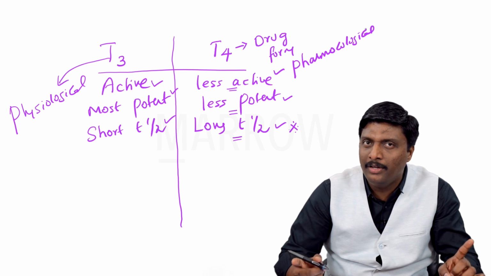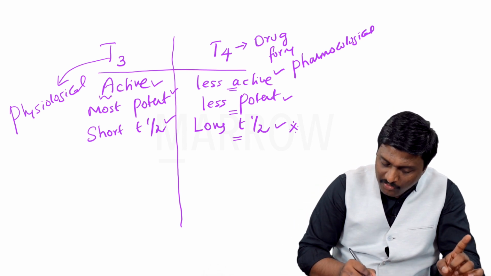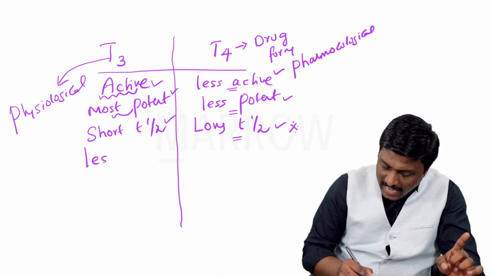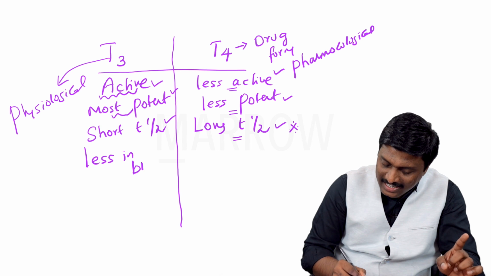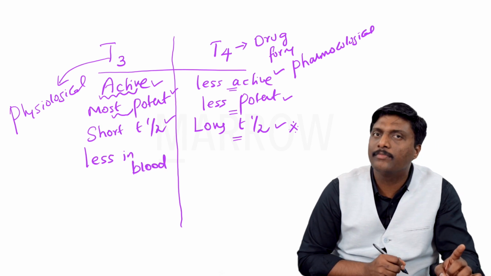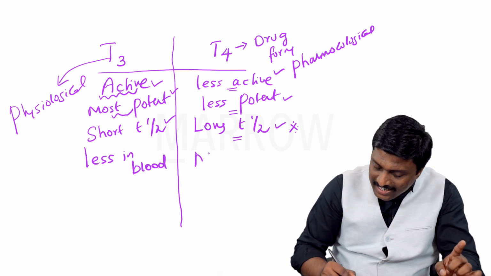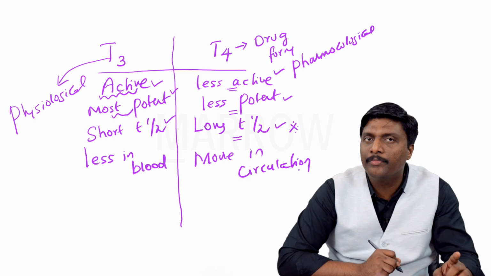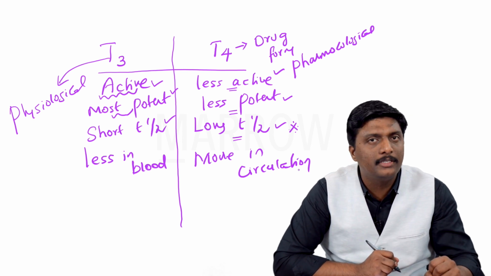If they ask you, even though we consider T3 form is most active, most potent, it is always the active form which is less in blood circulation. It is always the less active form T4 which is more in blood circulation. All these are important concepts.